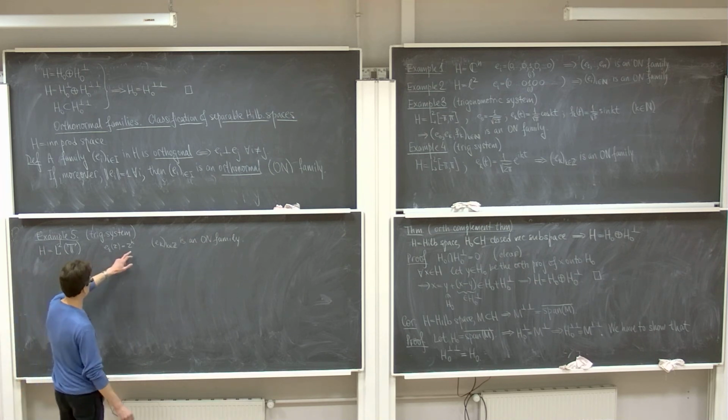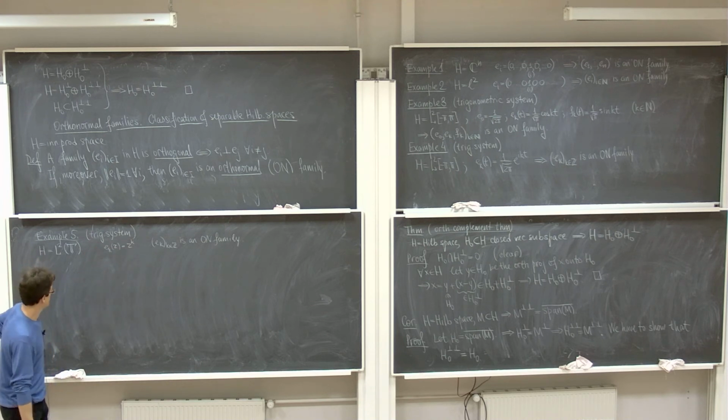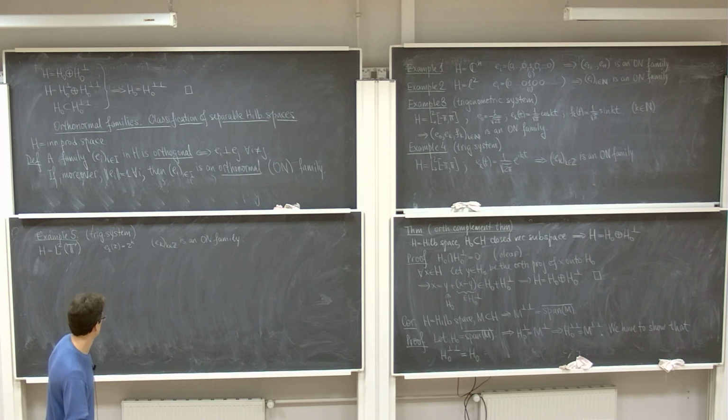Probably this is the simplest way of writing the trigonometric system. The formula is very simple. And another advantage of writing the trigonometric system in this form is that it consists precisely of unitary characters of the circle. So the circle has the advantage that it is a group under multiplication. And in general, if you have a topological group, then a unitary character is just a continuous homomorphism from this group to the circle.